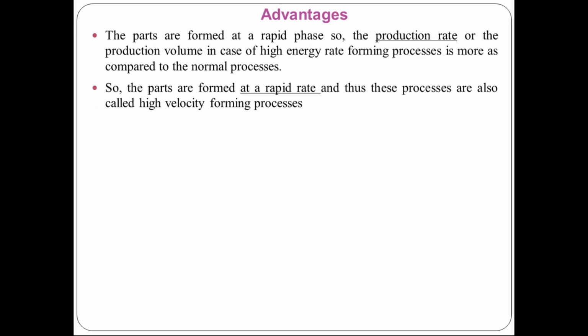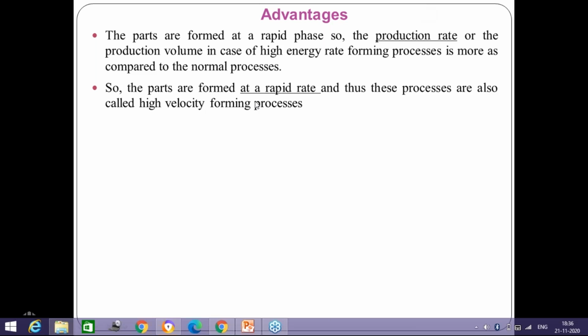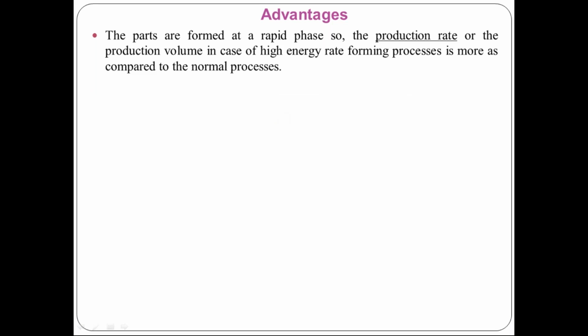We will see the advantages of the HERF process. The parts are formed at a rapid pace, so the production rate or production volume in case of a high energy rate forming process is more as compared to the normal process. So the parts are formed at a rapid rate, and thus this process is also called high velocity forming.